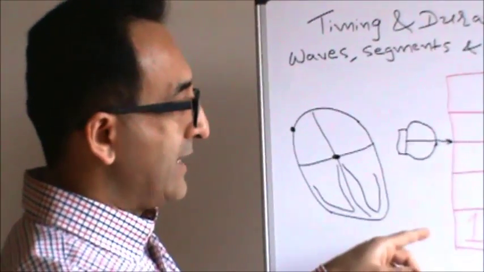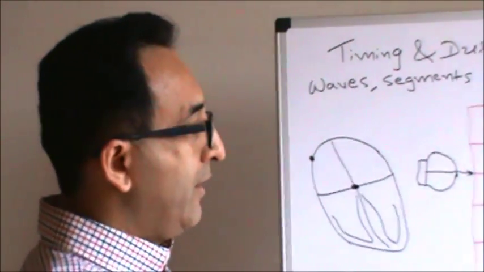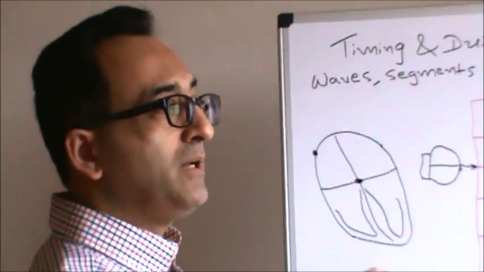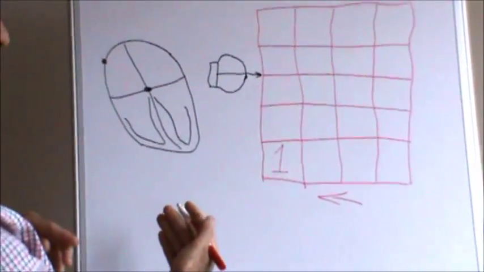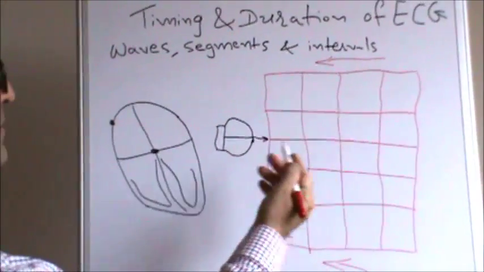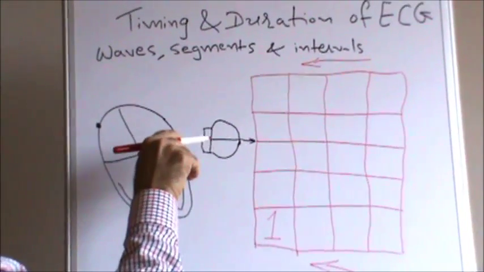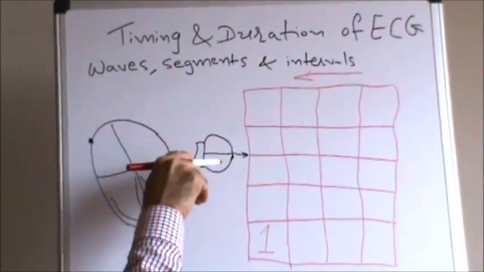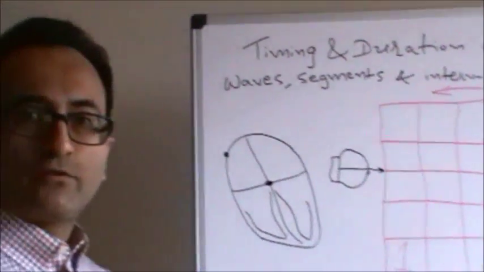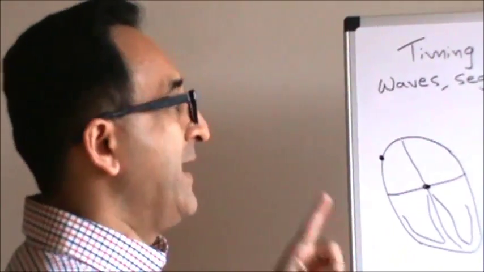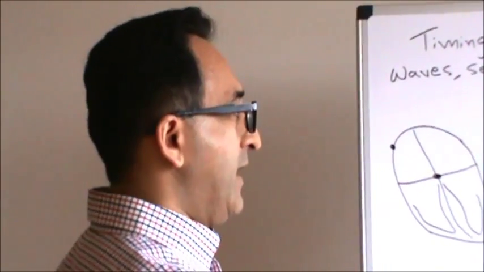So one big box or one big square. Likewise, there can be 300 big squares that can pass through the ECG paper, and the pointer or the ink of the needle would record those events. So, are you with me? Okay, so that means what?